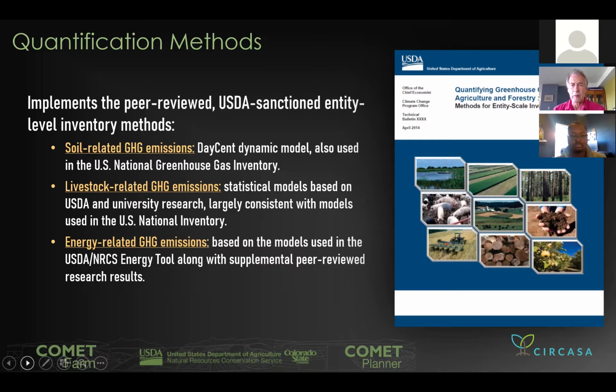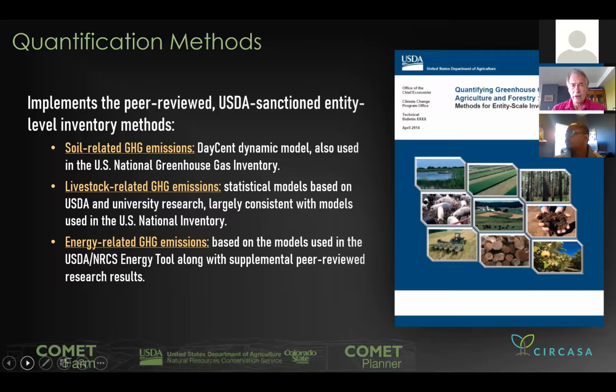And this was part of about a 3-year process in which they had teams of scientists from academia, from government, from industry that got together into working groups, went through and selected the methods that they recommended at the field scale, and then it went into quite an extensive review by peer review and government review, public review.